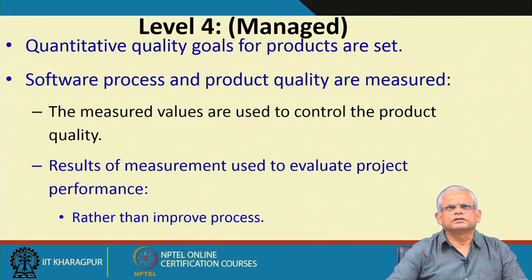In level 4, quantitative quality goals for the product are set. For example, how many bugs per 100 lines or 1000 lines should be there in the final product.